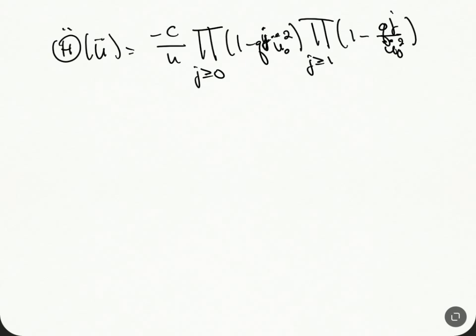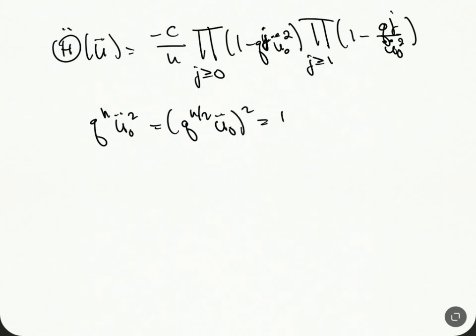Okay, so like we said before, with our relations, we have that q to the n u dot dot 0 squared. So this is really, well, we can bring it inside.